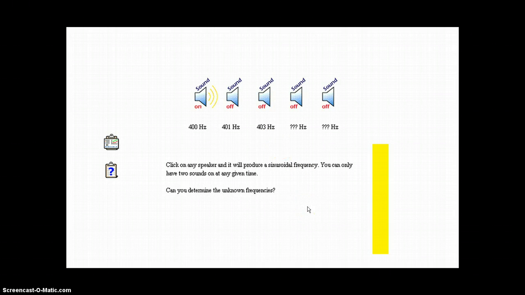Alright, so now they're asking us to determine what we think these unknowns are. Let's turn on this unknown speaker. Using a stopwatch or a wristwatch, or just look at a clock that has seconds on it, and count how many beats you hear per second.